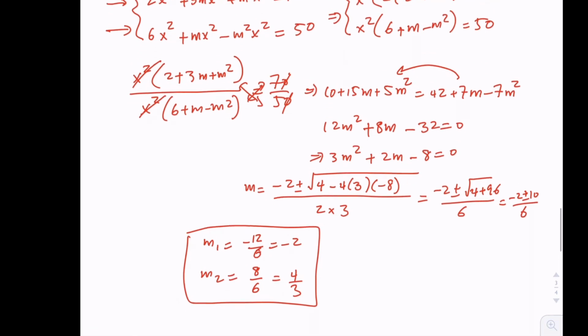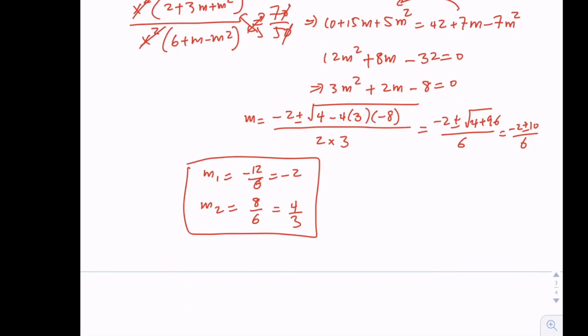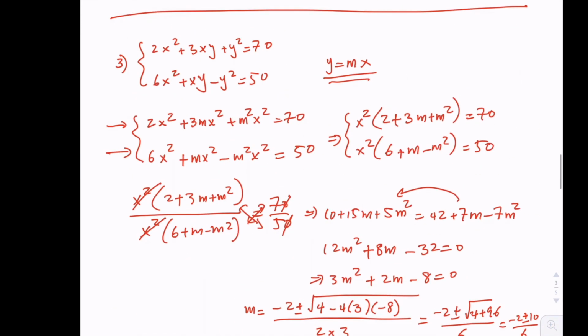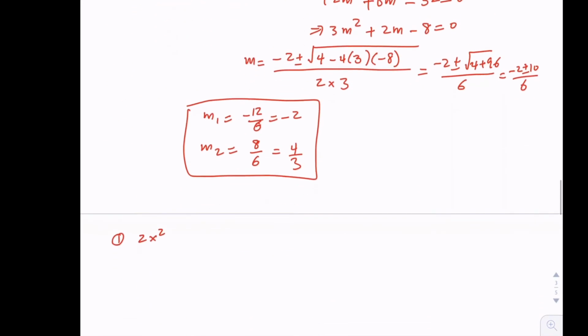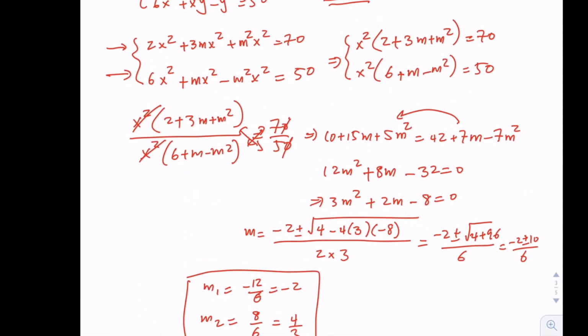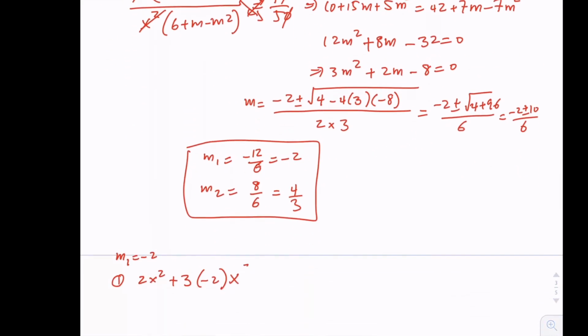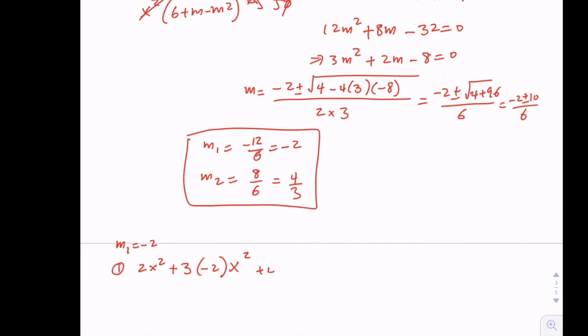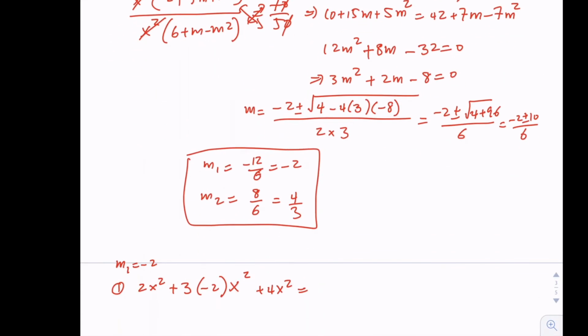We have 2x squared plus 3m x squared, let's say m is minus 2, plus m squared x squared, plus 4x squared is 70.